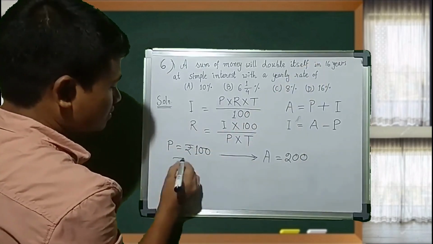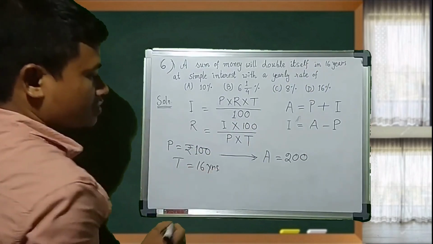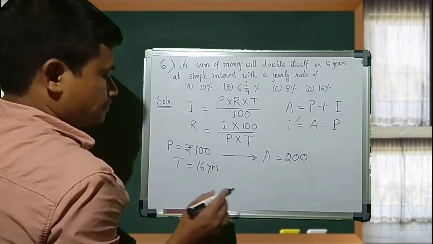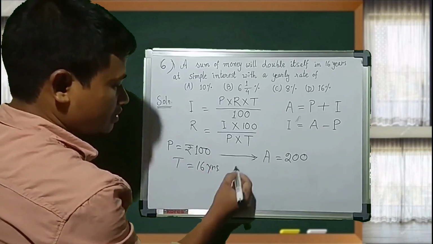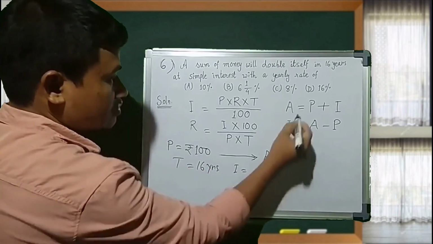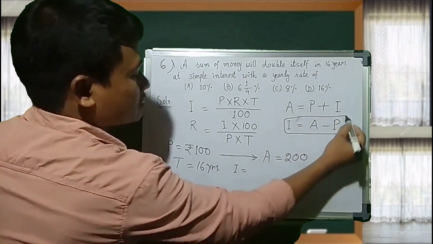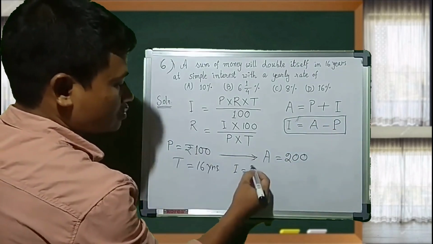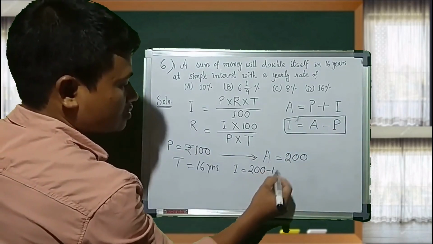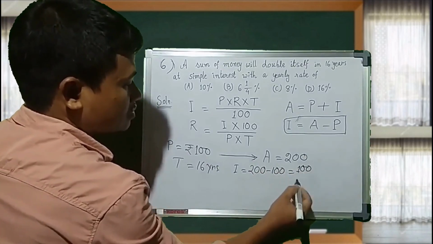That means time is given, 16 years. And so what will be the interest then? Interest, we can use this formula, A minus P. It means amount minus principal. So we will get 200 minus 100 equals 100 rupees. It is the interest.